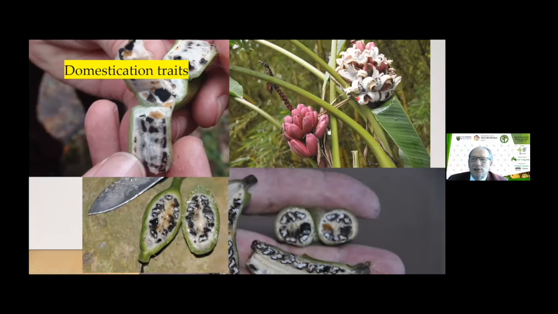This is a character which is very interesting. This is Musa velutina, and that's self-peeling in the extreme, where as the fruit ripens, the peel just comes back like that. That's one of the reasons Cavendish is so desirable in the marketplace, because it doesn't peel at all like this.